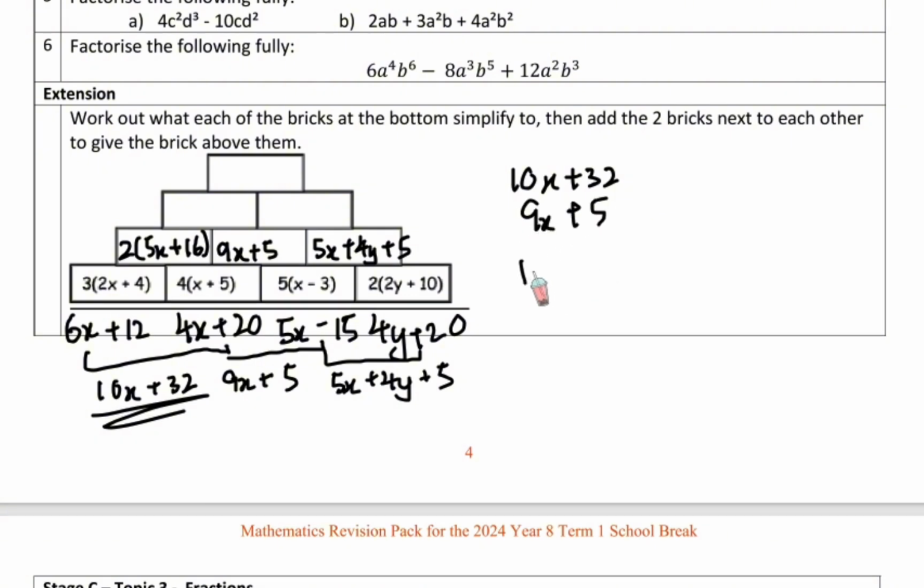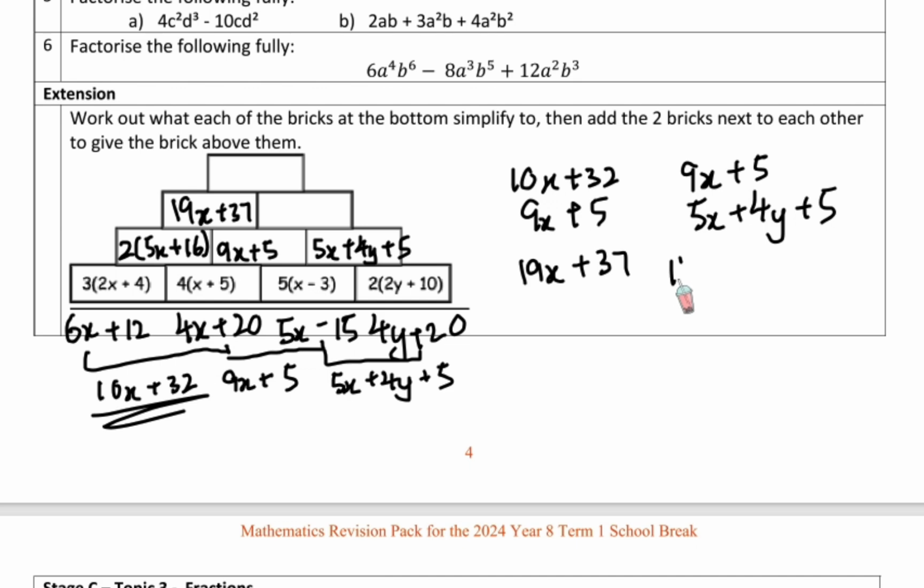So this would be 19x plus 37. And this will be our answer for this on top of here because we cannot factorize them. And 9x plus 5 plus 5x plus 4y plus 5.